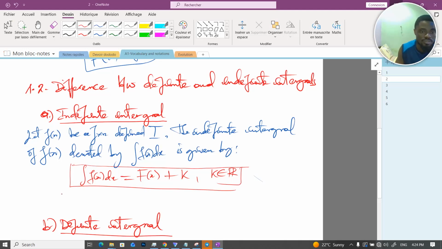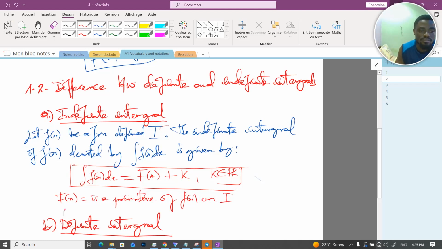You understand? So this capital F of x is called a primitive of f of x on the interval I, on which f of x is defined.